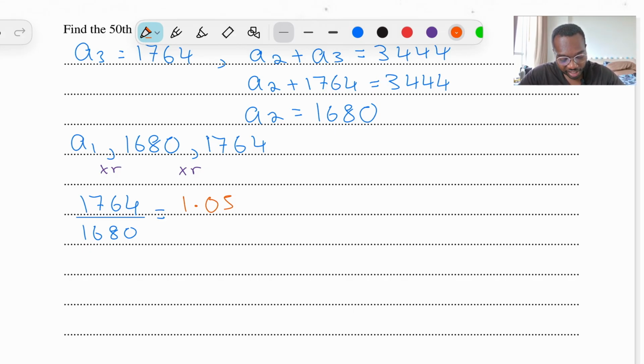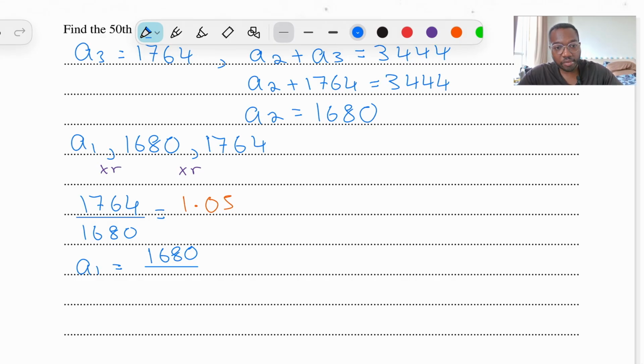So now we know that, we can actually work out our A1 value. Our A1 value would simply be 1,680 divided by our R value, because our R value will give us what the A1 value is.